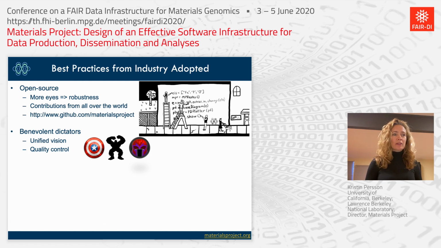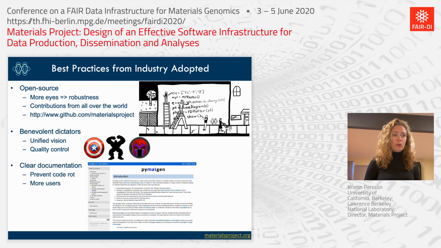So Anubhav Jain at LBNL monitors the FireWorks and the Atomate code, and Shyue Ping Ong at University of San Diego and Matt Horton at LBNL monitor the PyMatgen code commits to make sure that they are adequately documented. So every single new module or addition to PyMatgen should be well documented and come with unit tests so it doesn't break any of the existing codes.